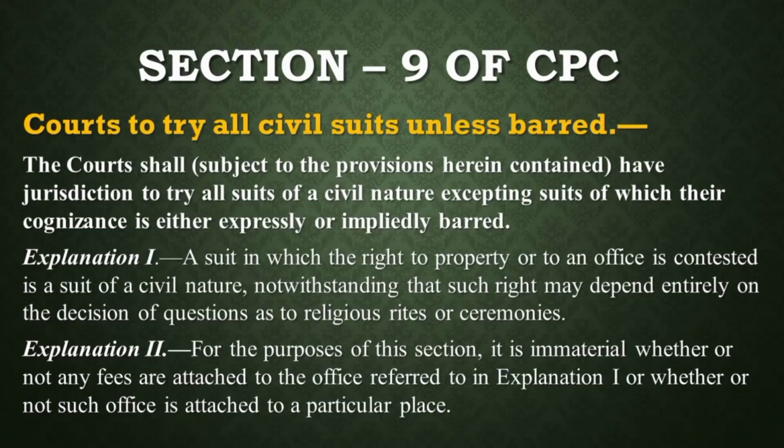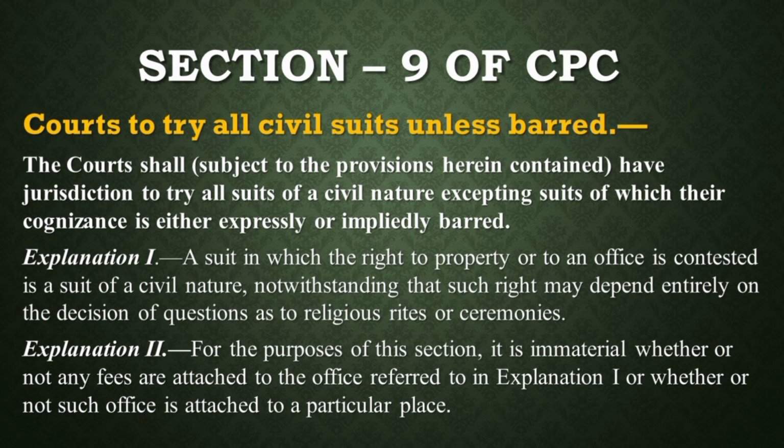Section 9 of the Civil Procedure Code provides that a civil court has jurisdiction to try all suits of civil nature unless their cognizance is expressly or impliedly barred. Now, there are two explanations provided under this section.